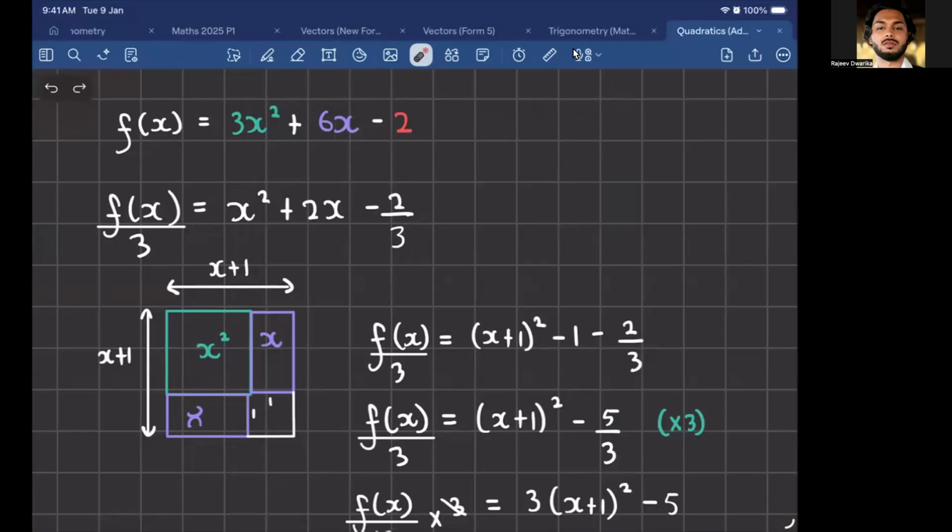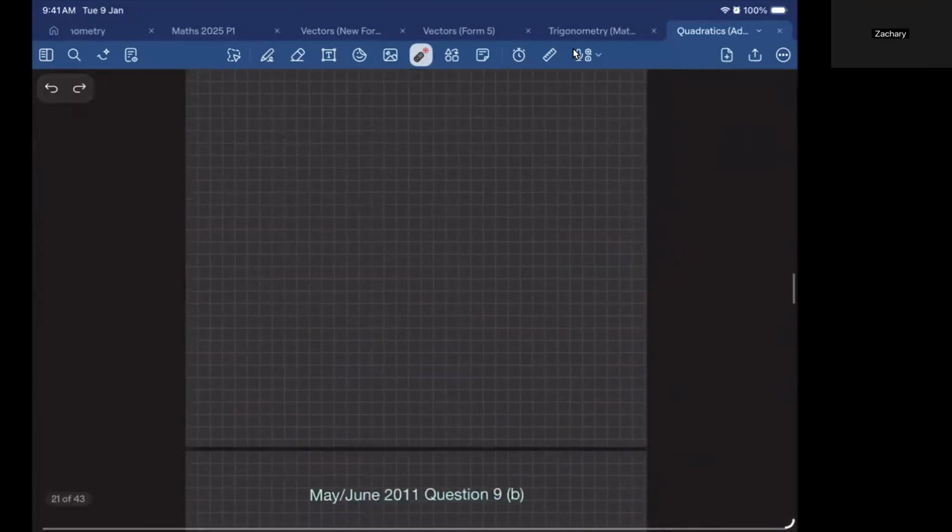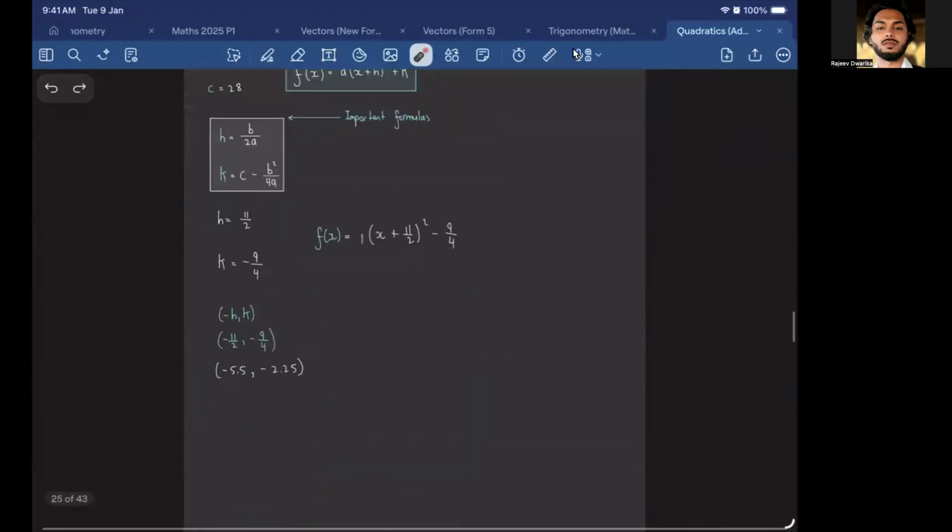Exactly, because what's easier to work with? Remember, your main objective here is to take the shapes and rearrange them into a square. Do you think it's easier to work with three big x squareds, or with just one big x squared? One big x squared, sir. For sure. So that's the concept going into this.